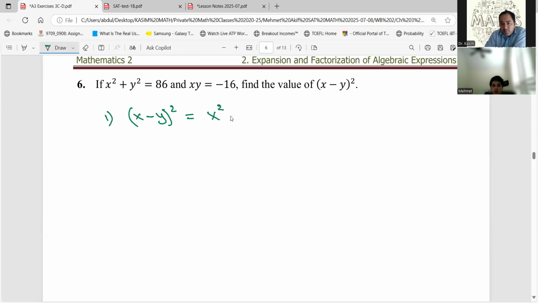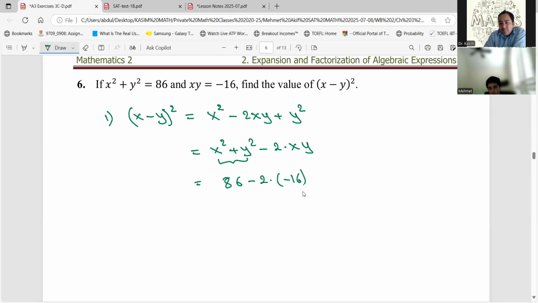x squared minus 2xy plus y squared, right? Now if I rearrange this using the commutative property, I can write it as x squared plus y squared minus 2 times x times y. We know x squared plus y squared is 86, minus 2 times x times y, which is negative 16.